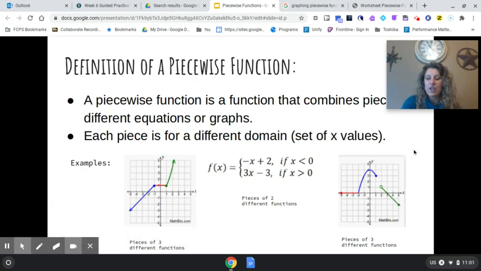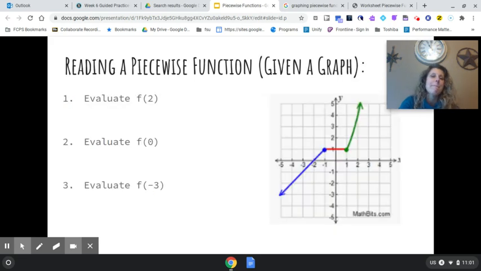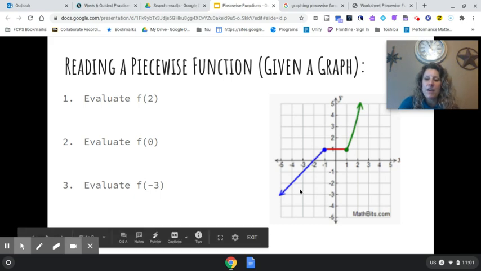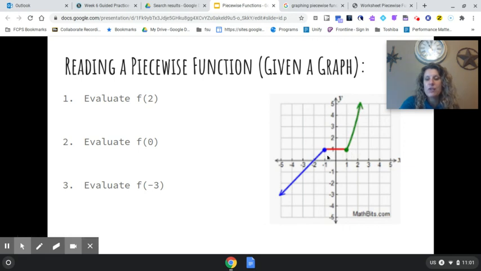So let's take a look at some piecewise functions that we're first going to evaluate. Okay, so I started with that very first example of the three parts of the graph. The first two at least look linear. This green part again looks like it could be curved slightly. But we're evaluating f of 2.